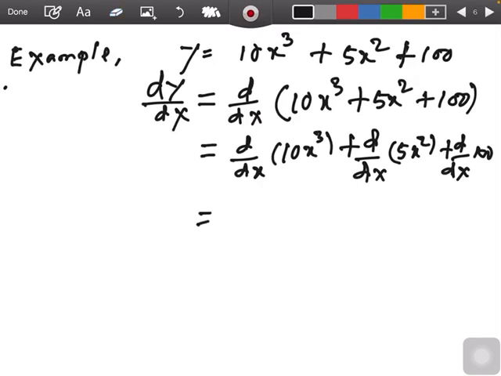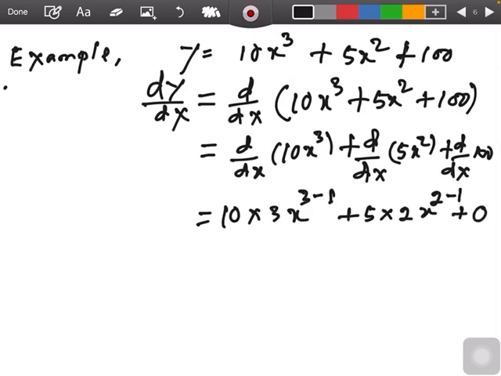Now apply rule number 1 here. 10x cube: so 10 into 3 x to the power 3 minus 1, plus 5 into 2 x to the power 2 minus 1, and the derivative of a constant is always 0.